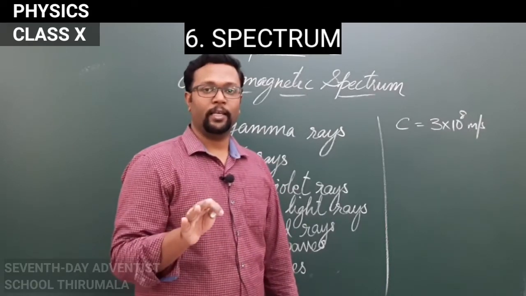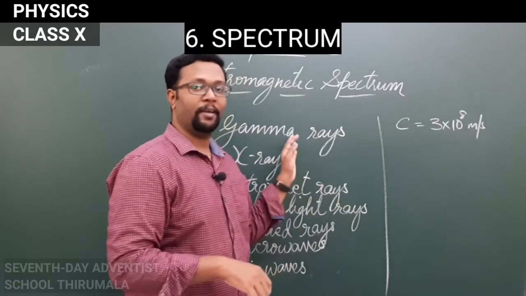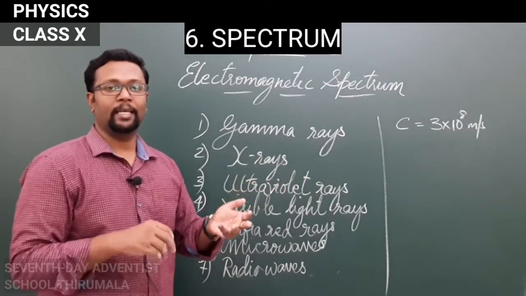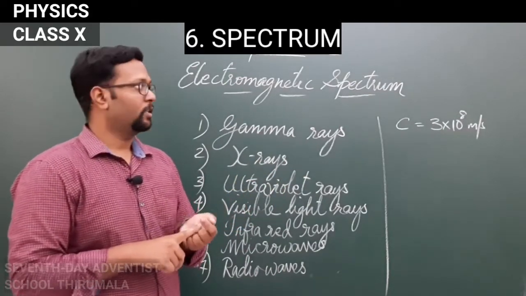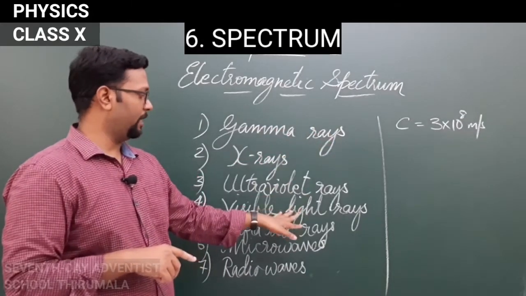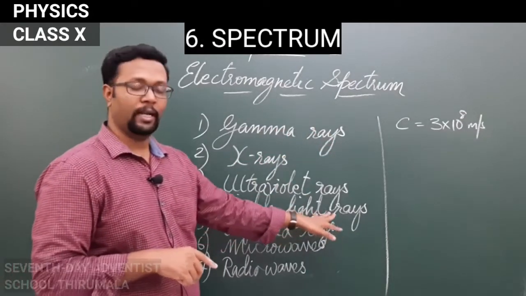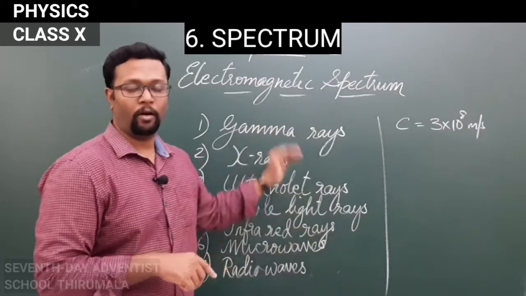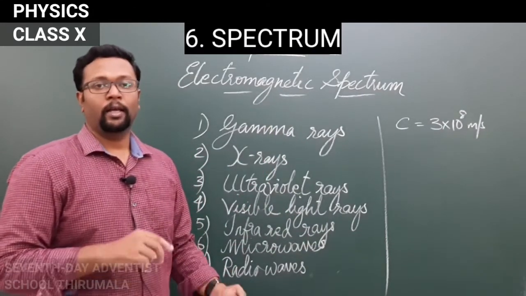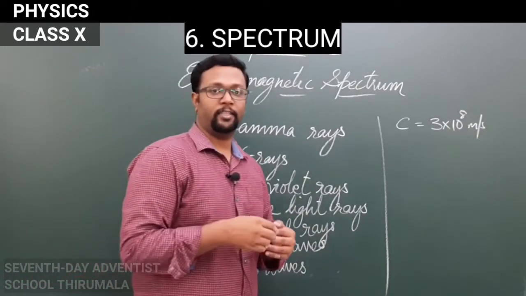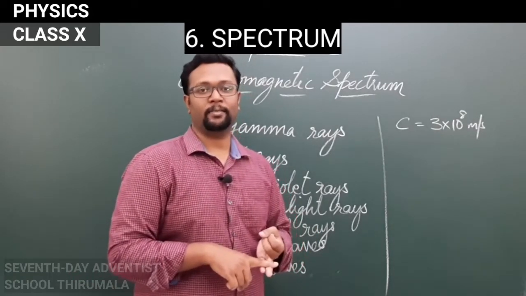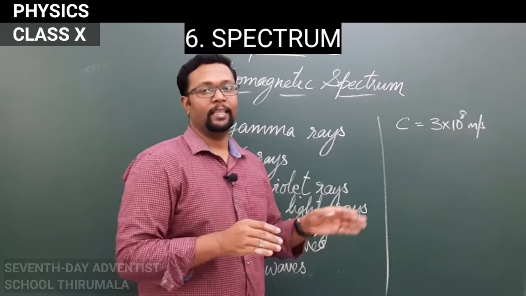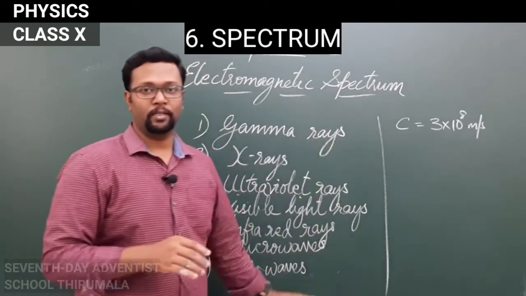Number 3 is that electromagnetic waves show properties like reflection, refraction, diffraction. So all the 3 properties which we earlier discussed about visible light ray are applicable to all the electromagnetic waves. And next, they are generated by electrical and magnetic disturbances. And finally, they are all transverse waves.